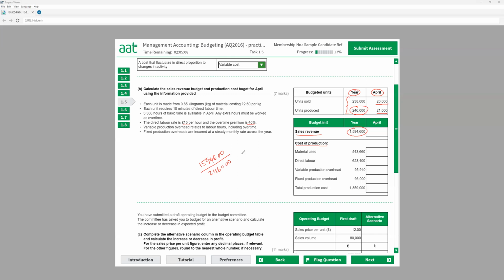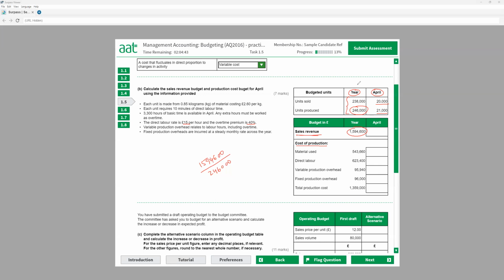That will tell us the selling price per unit, so 1,594,600 divided by 246,000. But that's the sales revenue, isn't it?